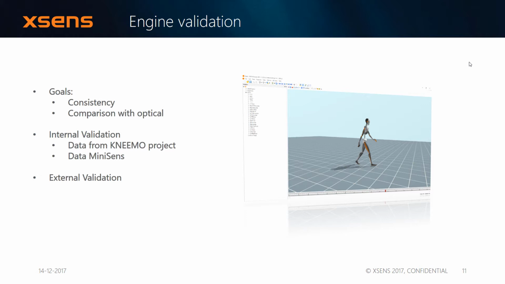Anytime you set up the system and you calibrate the same person over and over again, the data will be produced in the same way. You will get the same data, no weird offsets. And next to that, the comparison with optical has been done, proving the accuracy of the system. These validations, or these proofs of concept, are both internally as well as externally validated.